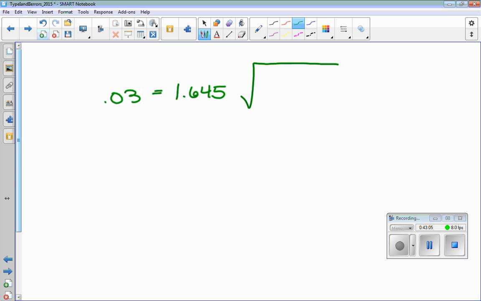And then here, we're trying to find n. What do I do for my p hat, q hat? 0.5, 0.5, because that's what we don't know. And then you would solve this. Divide by 1.645 first, square both sides, etc. I got this when I did it in my calculator and I didn't round anything.